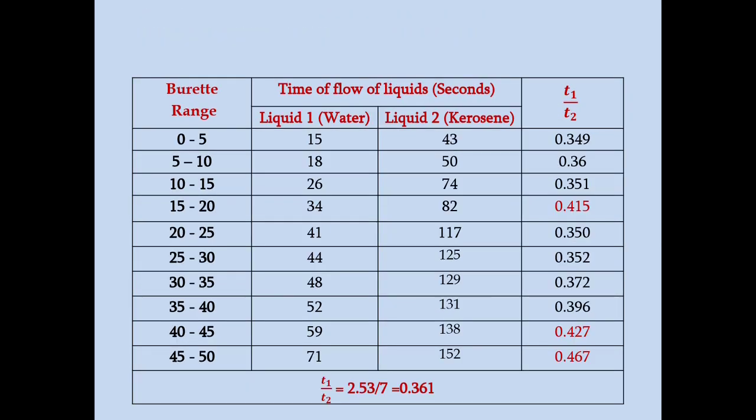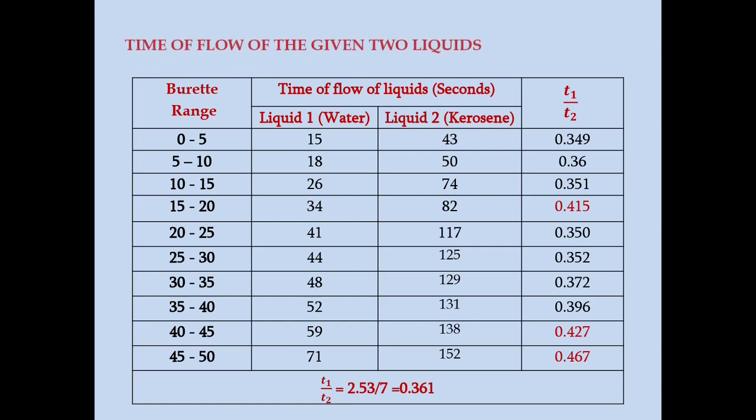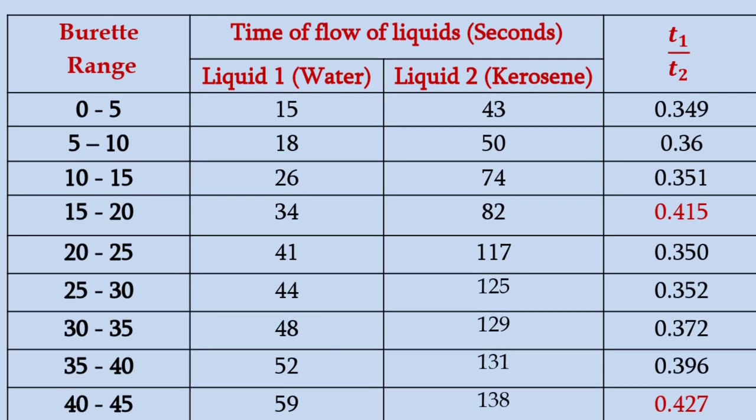Now let us find the time of flow for every burette range. For 0 to 5, the time taken by the water to flow is 15 seconds. For 5 to 10, we subtract the time taken for the previous level, so it is 33 minus 15, which is 18.